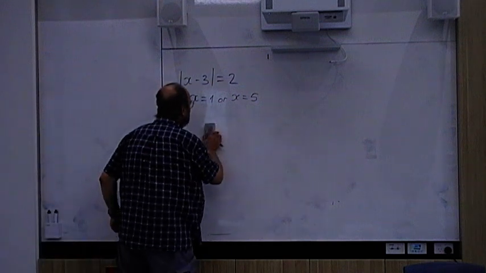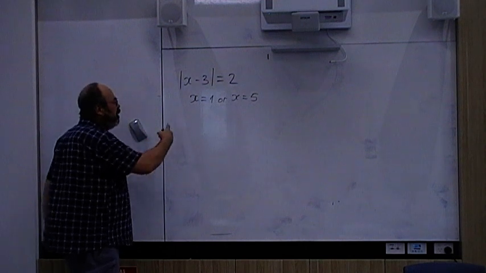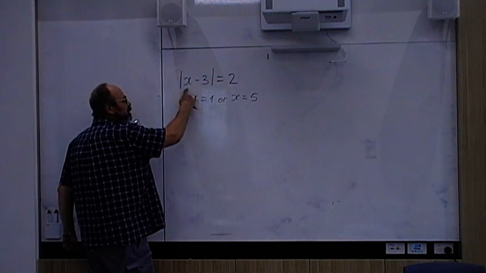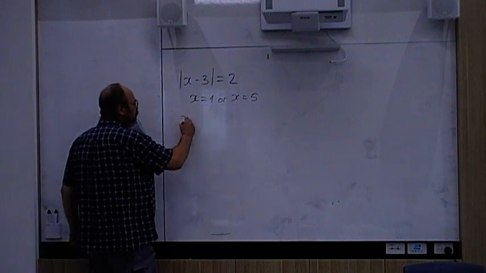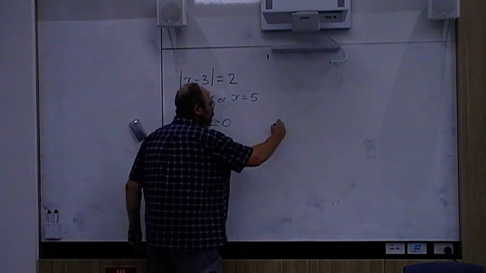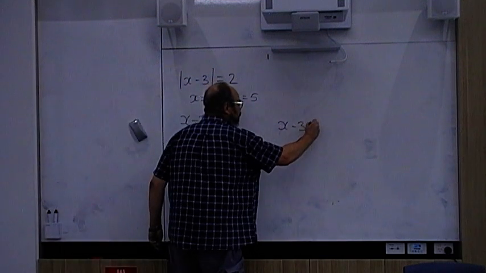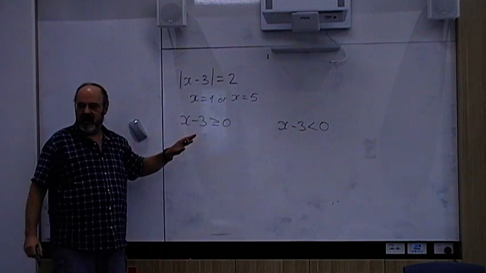But now we need to consider two cases, because the modulus makes the expression inside always positive. So we need to consider two cases, x minus 3 greater or equal 0, or x minus 3 less than 0. We need to consider these two cases separately.